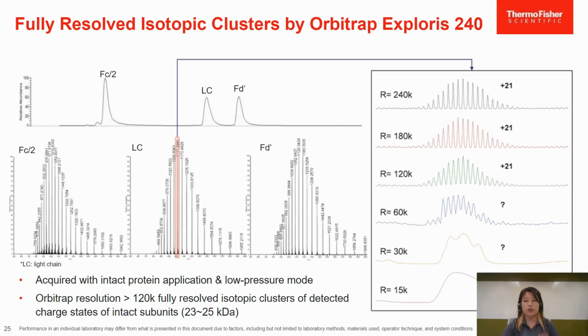We also tested different resolutions in the mass spectrometer, and as a result, 120K is the optimum resolution to accurately assign and quantify the size of the subunits. If it's lower than 120K, for example 60K, you cannot actually accurately resolve these different isotopes.